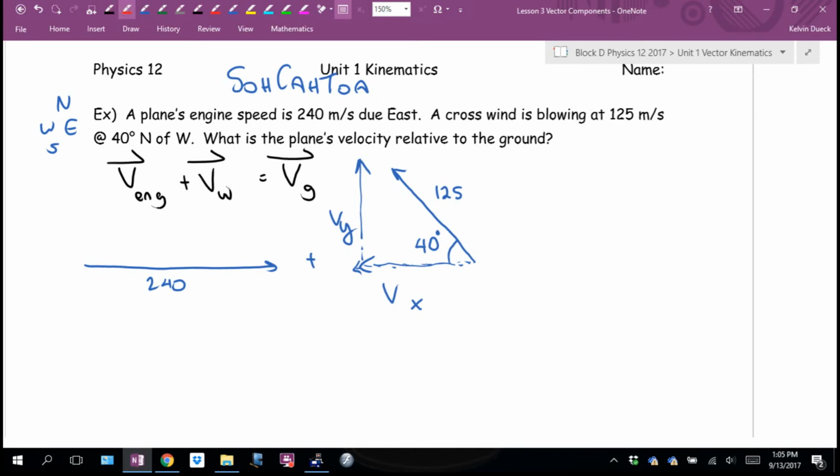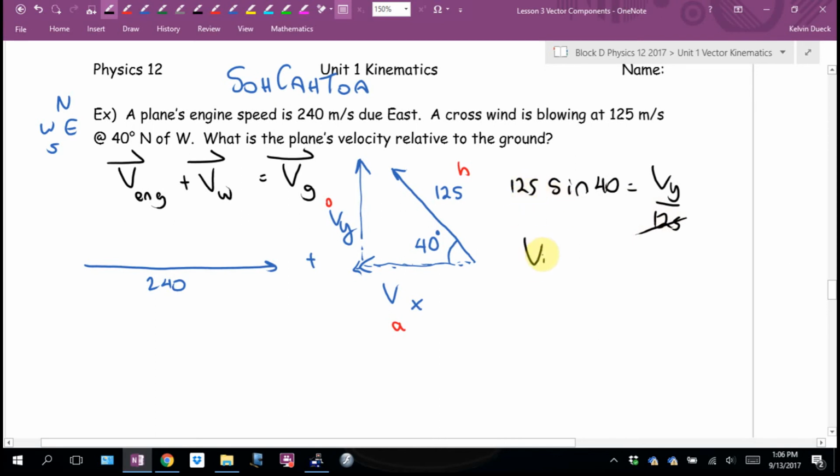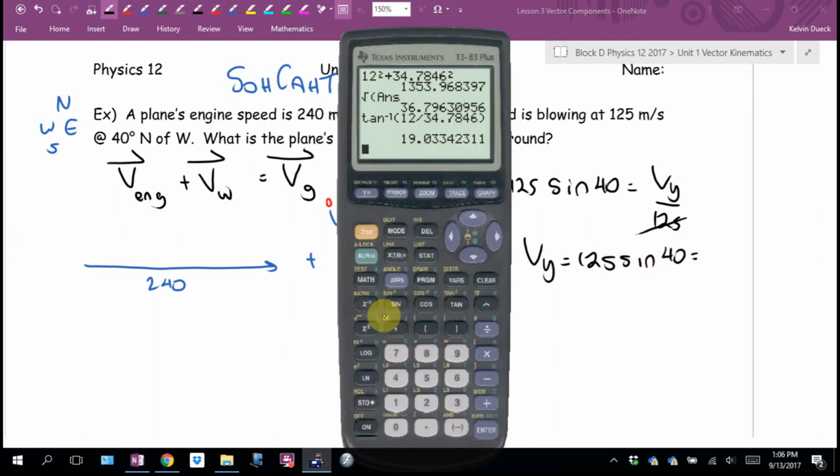Vy, Vx, that's going to be adjacent, hypotenuse, opposite. I think sine 40 is going to be Vy over 125. So Vy is going to be 125 sine 40, which is 80.3486.